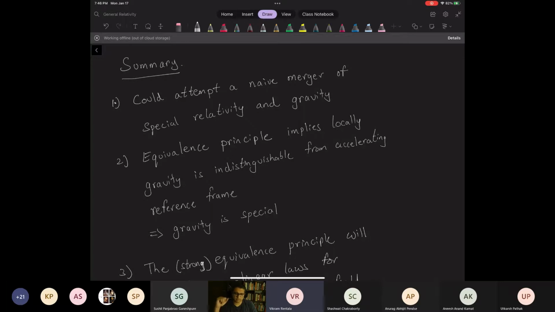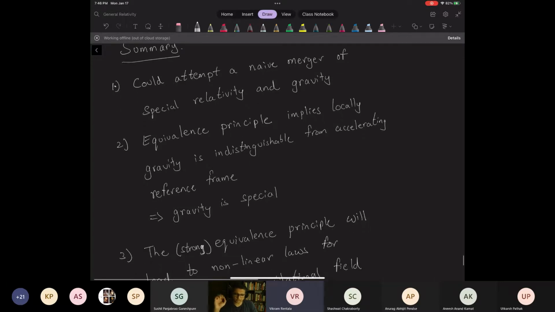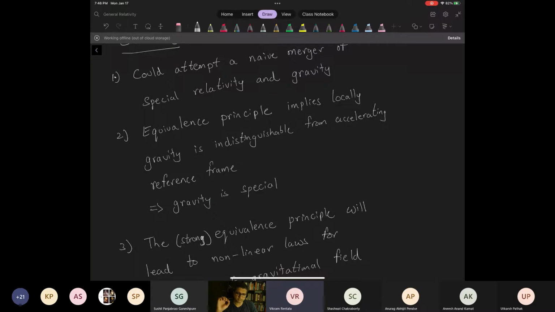Now, what Einstein realized is that there is something very special about gravity. There is an additional principle that you need to assume, which is the equivalence principle. The equivalence principle implies that locally, gravity is indistinguishable from an accelerating frame of reference. So gravity is special in some way.